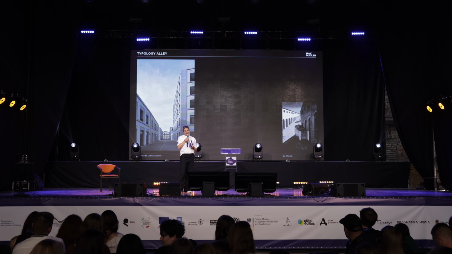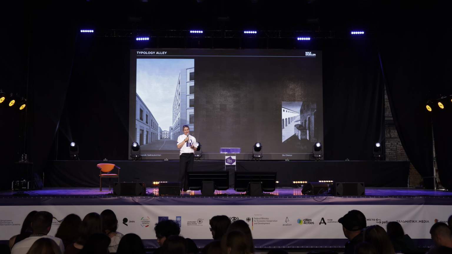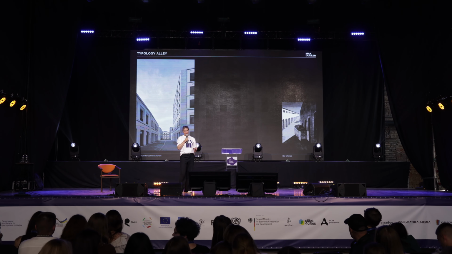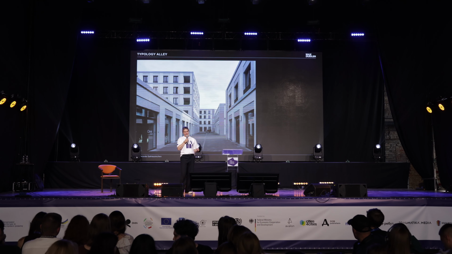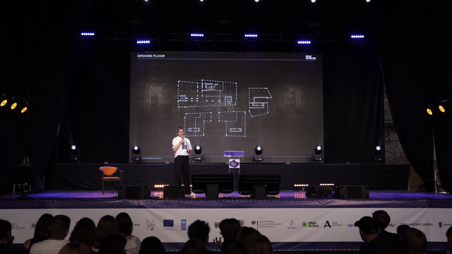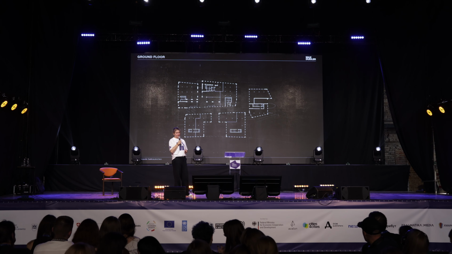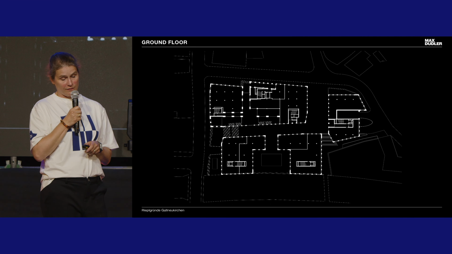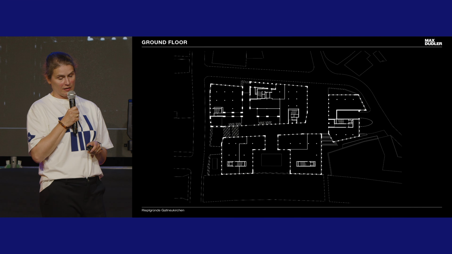Here we worked with the existing city around it. We extended existing streets, guided them into the quarter, guided them over the river, which is in front of the building complex.